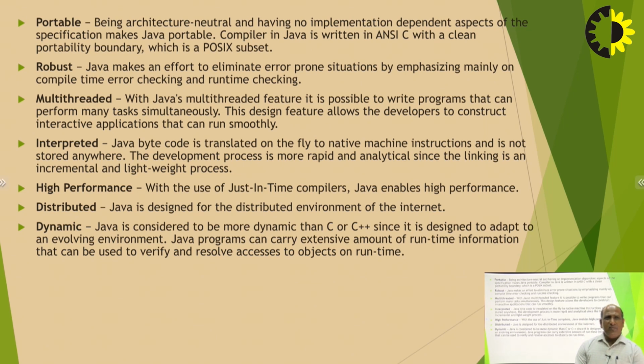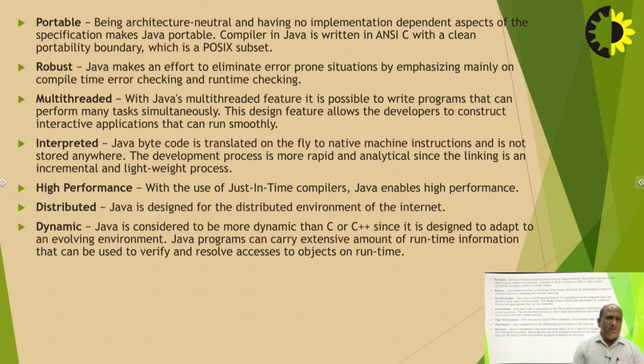It is an interpreted language, which means the code written in Java is converted to byte code line by line. So it has high performance, because although it is interpreted, due to the use of the just-in-time compiler, Java has better performance as compared to other languages.